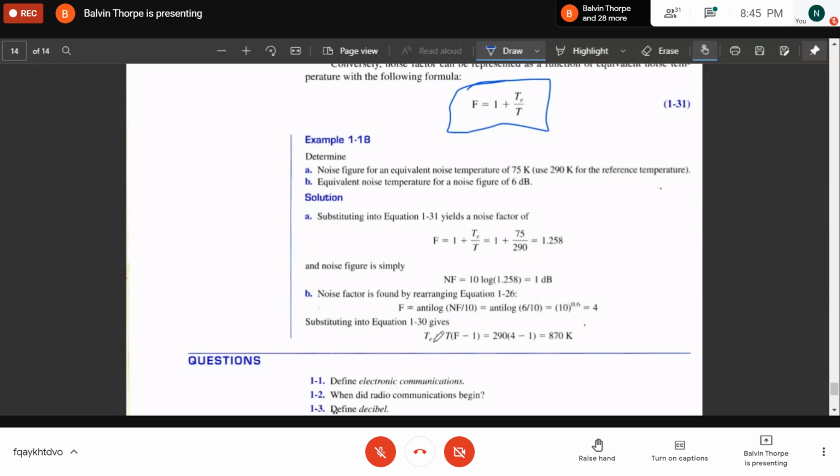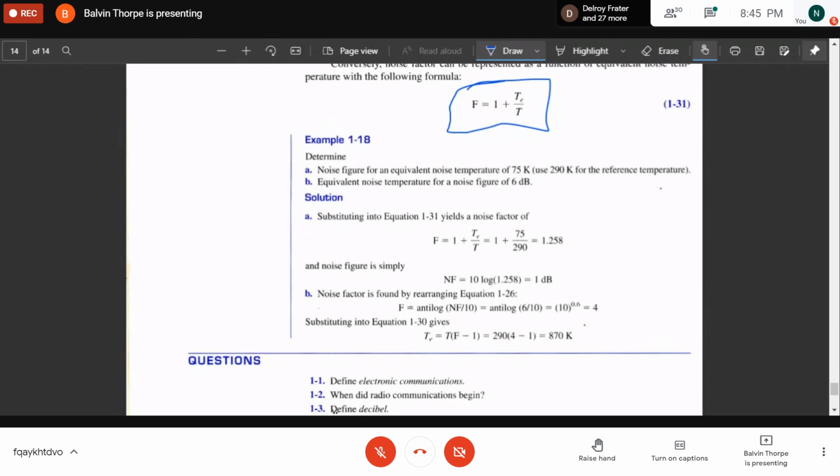Here's an example. If we're given the noise figure, we can actually use equivalent noise temperature to do our calculation without having to worry too much about finding all the parameters that are unknown.